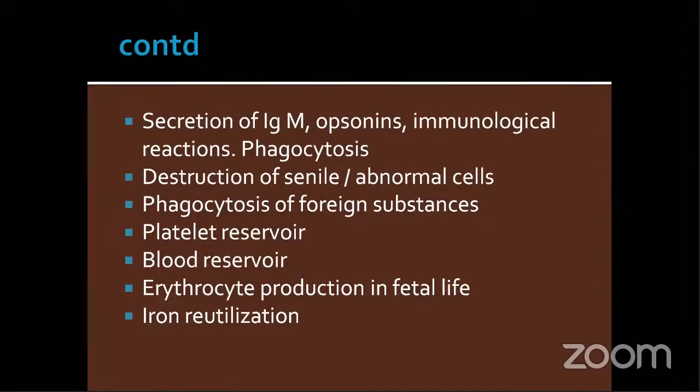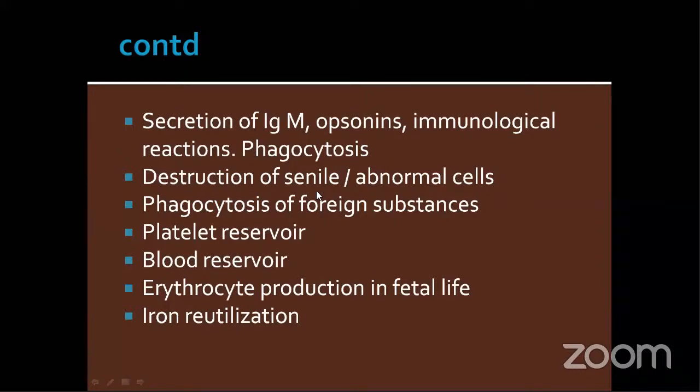What are its functions? One is secretion of IgM in the acute inflammatory reaction, opsonins, and immunological reactions. They actively help in phagocytosis of any foreign bodies or bacteria or parasites.